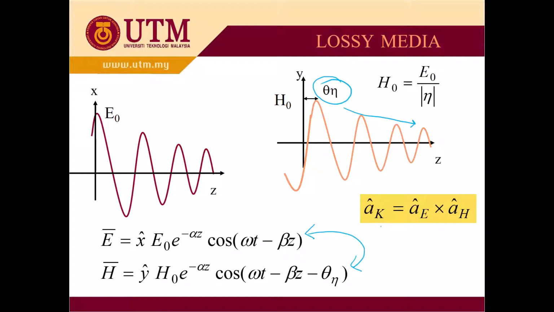So this is the AK or AP, the propagation direction, and this is the direction of the electric field, the E field direction, and this is the H field. So please stick to this equation to overcome confusion, because later on I will show you that the slide uses slightly different expressions.